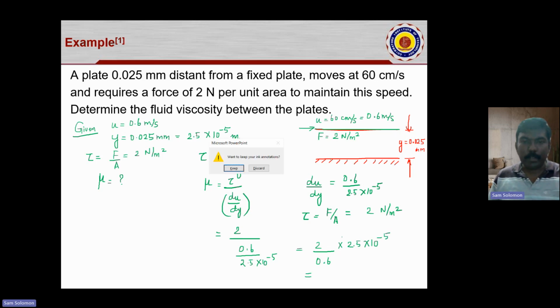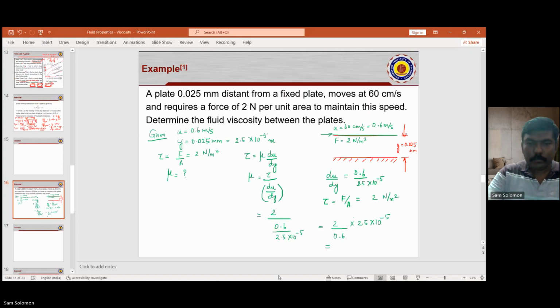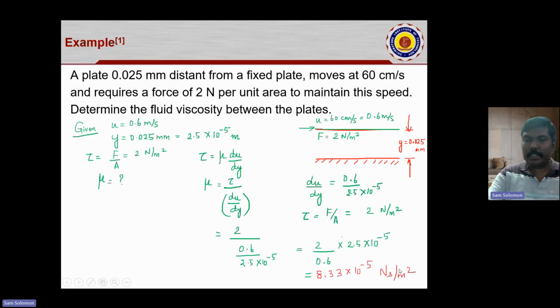So if we use the calculator over here, 5 divided by 0.6, that is 8.33 into 10 to the power minus 5. So it is going to be 8.33 into 10 to the power minus 5 Newton second per meter square. Okay. So that is the answer that we get for the dynamic viscosity of the fluid.